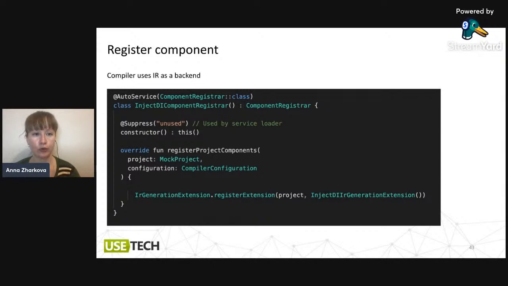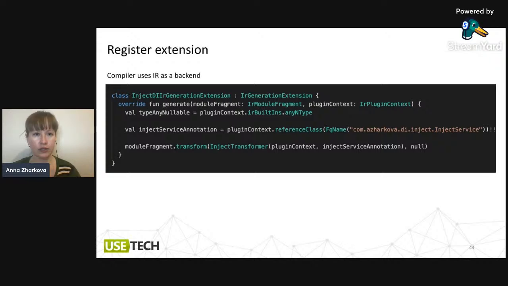We need to register all our IR generation extensions, and for every extension we need to specify, of course, the extension, and also the project entry point. And we also need to add the AutoService annotation if we would like to register our component register automatically. So, there is our first extension.